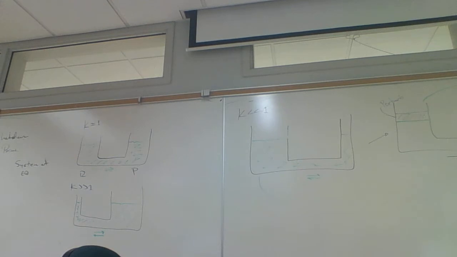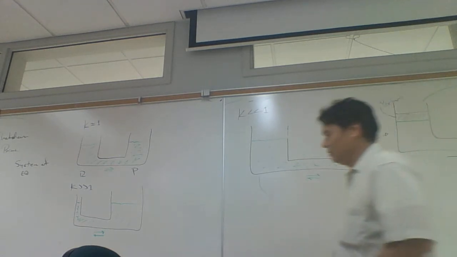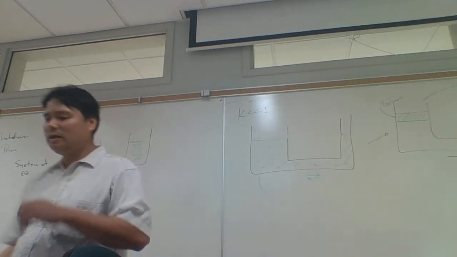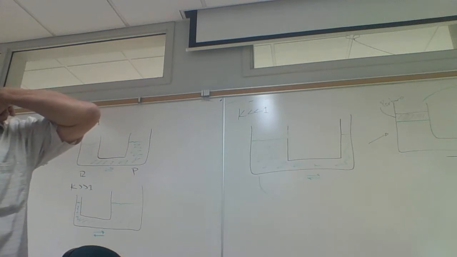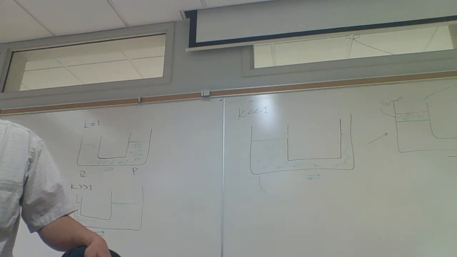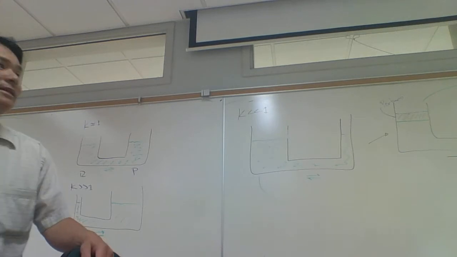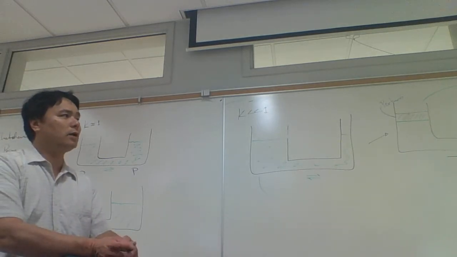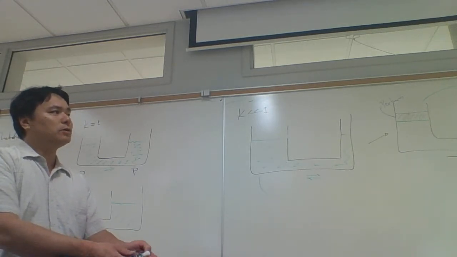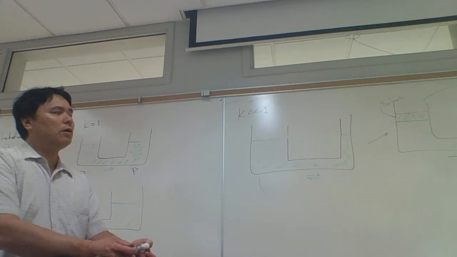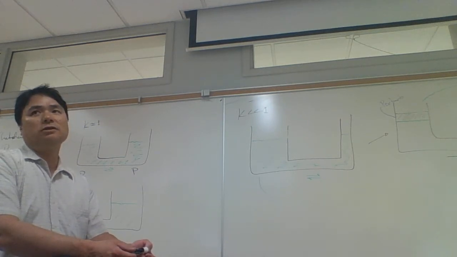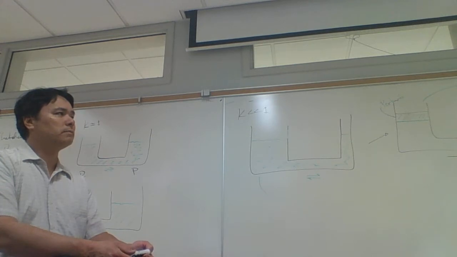However, the ratio should be the same. We should end up at the same ratio, and in that sense they're the same, because K didn't change. We'll still have the same product to reactant ratio at this particular temperature. However, the concentrations did change, or the pressures did change.